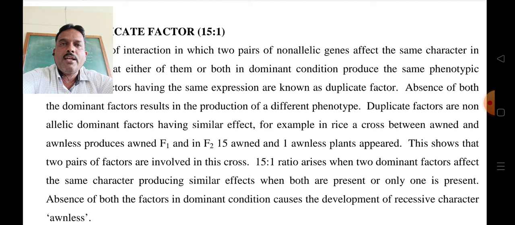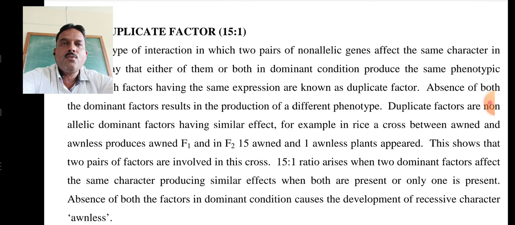Because of that, unlike in additive where 9 and 6 are separate, whether they are present singly or together, 9 plus 6 is 15. So the ratio will be modified to 15:1. In additive, any one of them produces a single effect, but when they are present together, they produce a double effect.